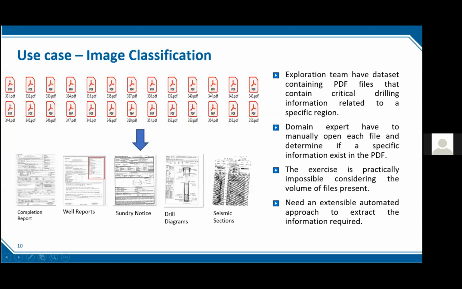So there is actually a need in this use case, right? You have old data in the form of a PDF file, and that PDF file has various different kinds of information. So if you see here, there is a completion report, well report, sunrise notice, drill diagrams. These are basically examples of an oil drill.